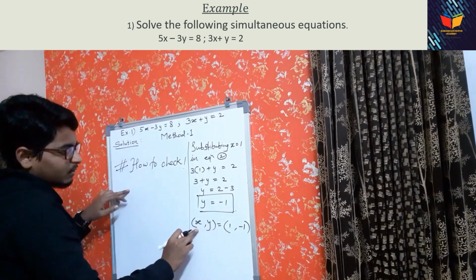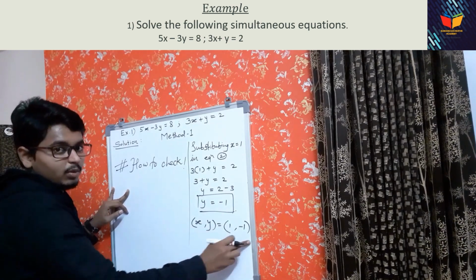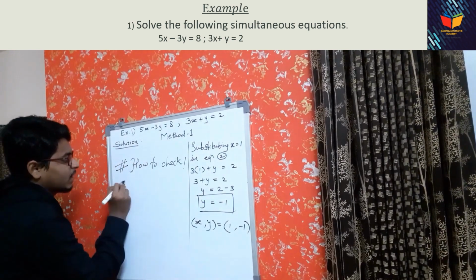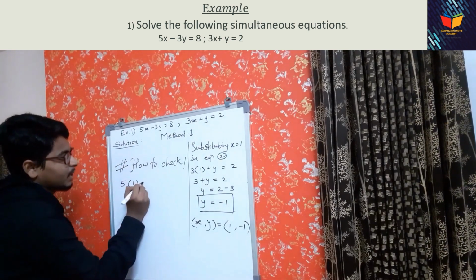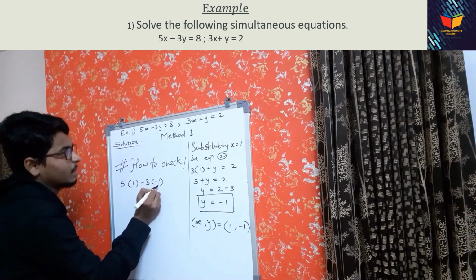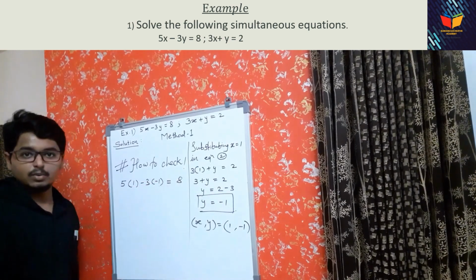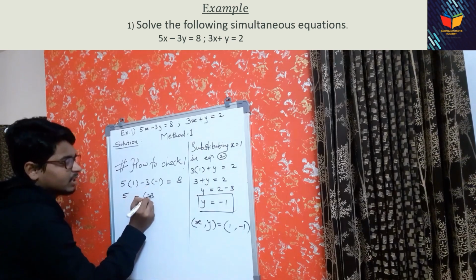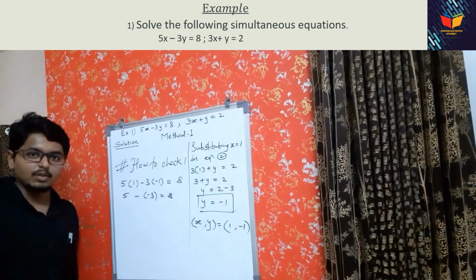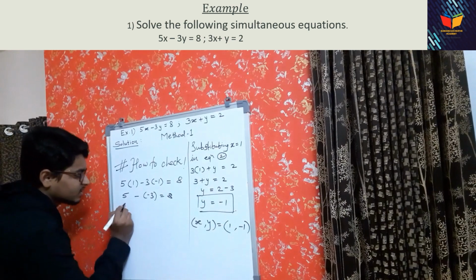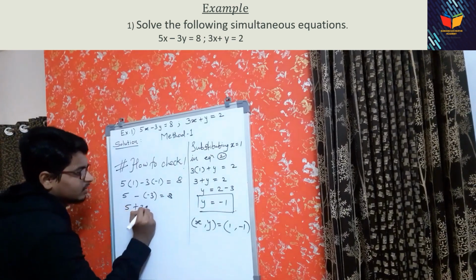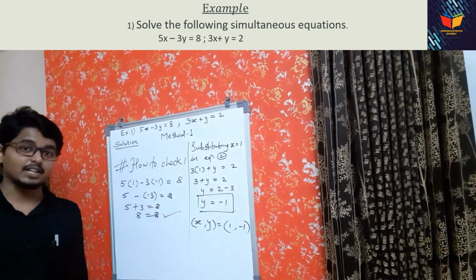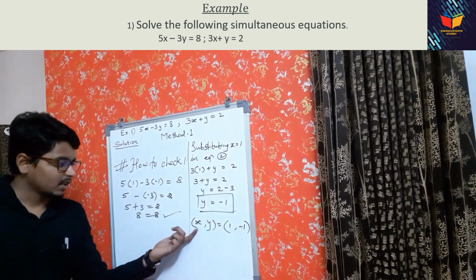Putting the value of x equal to 1 and y equal to -1 in the given simultaneous equation: 5 into 1 minus 3 into -1, which is equal to 8. Therefore 5 minus of 3 equal to 8, and we know that minus into minus gives plus. So 5 plus 3 is equal to 8, hence 8 equal to 8. So this satisfies the solution.